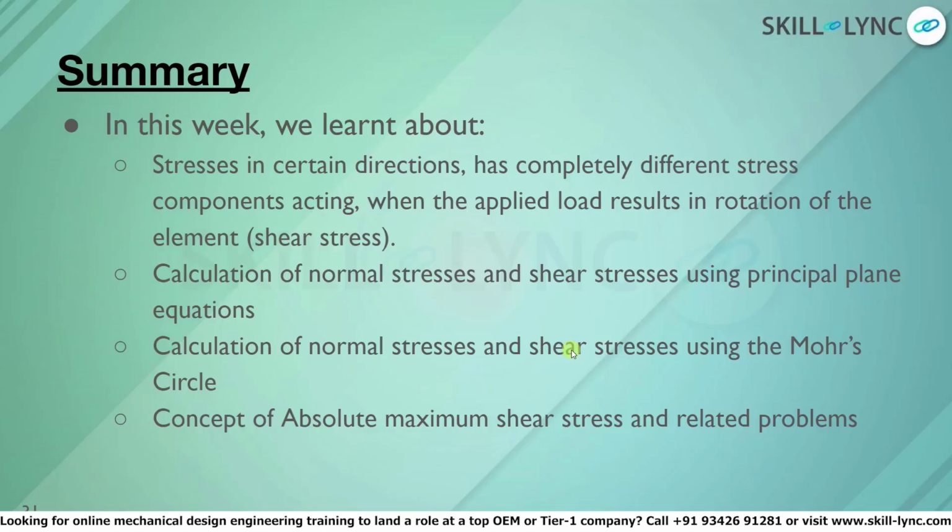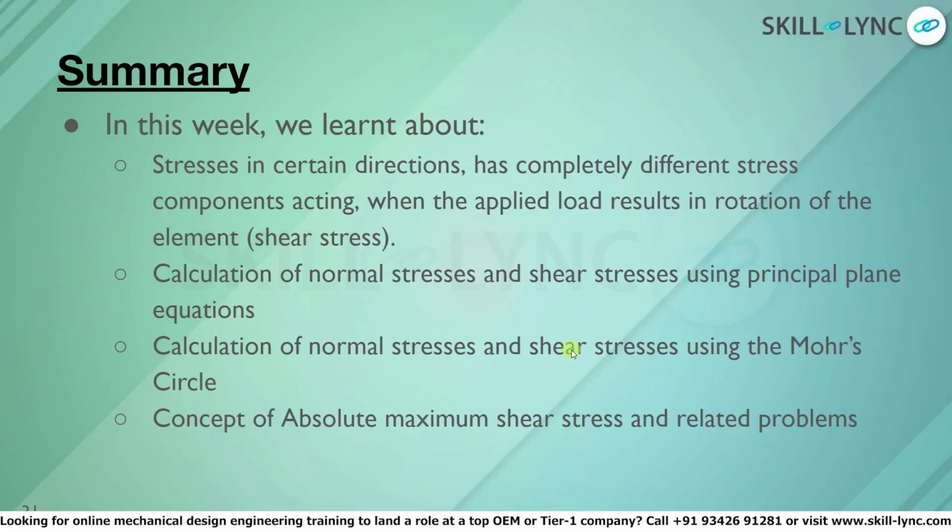In this week, we learnt about stresses in certain directions which can have completely different stress components acting on them when an applied load results in the rotation of their element. We also came across calculations for the same using principal plane equations, and we did the calculation for both normal stress and shear stress.